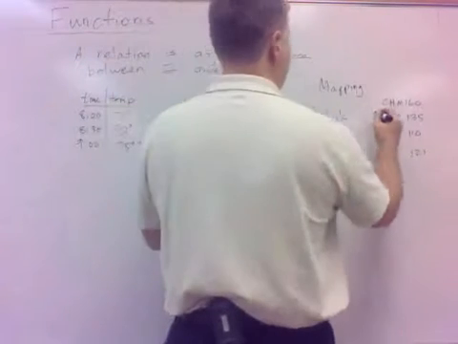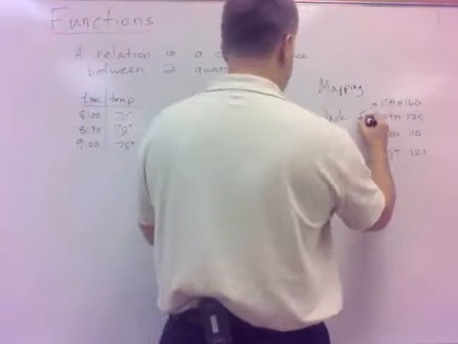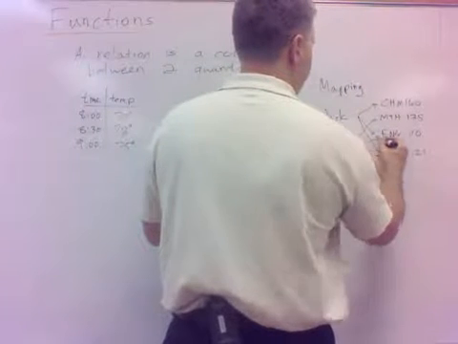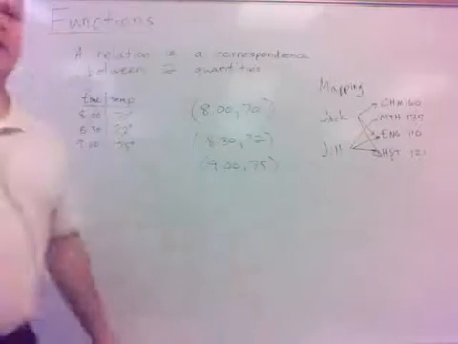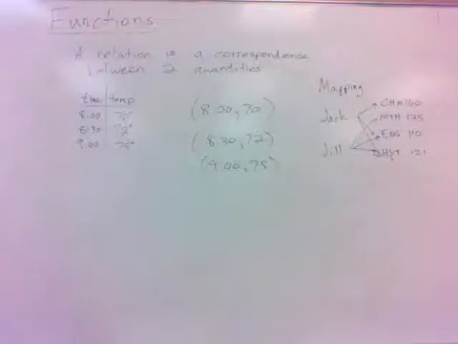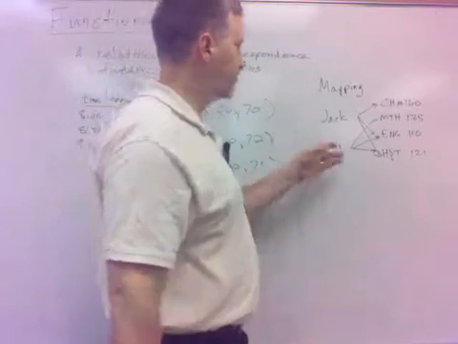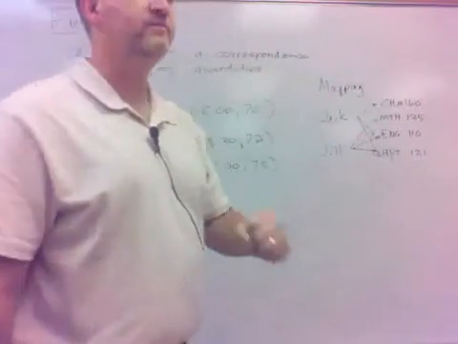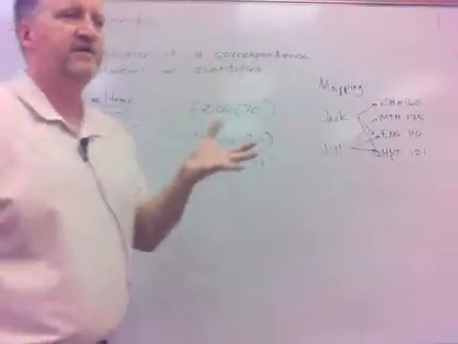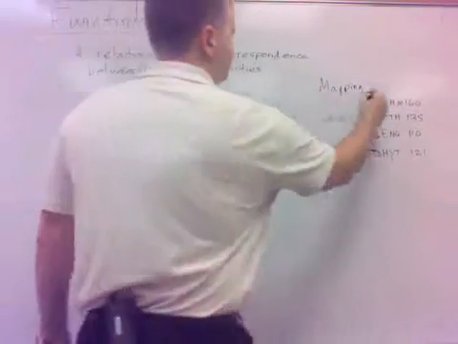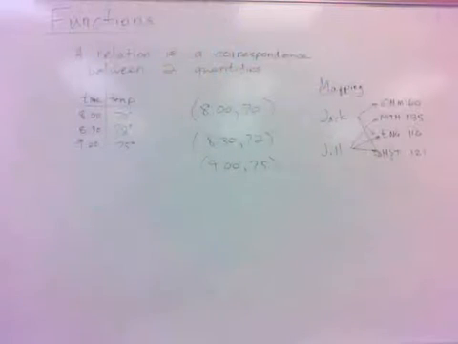Jack is taking Chem 160, English 110, and History 121. Jill's taking Math, English, and History. That's called a mapping. It just shows the correspondence with arrows. So if it asks about a mapping, that's what it means, okay?